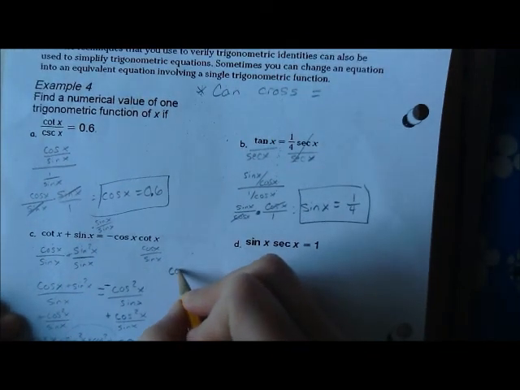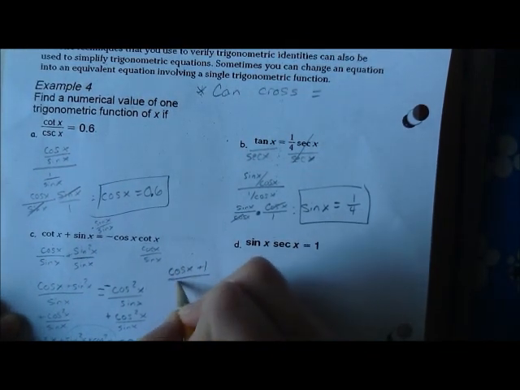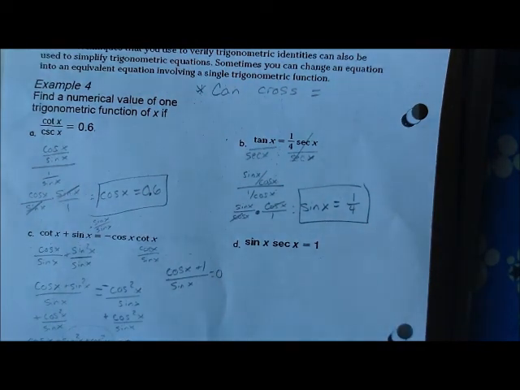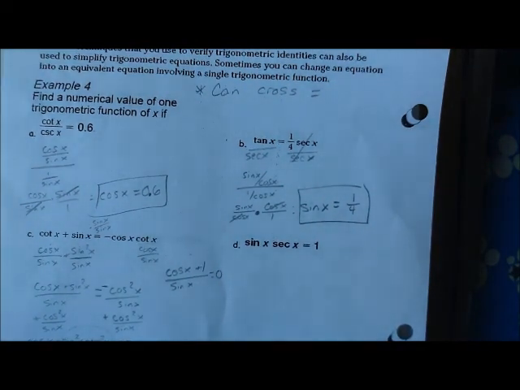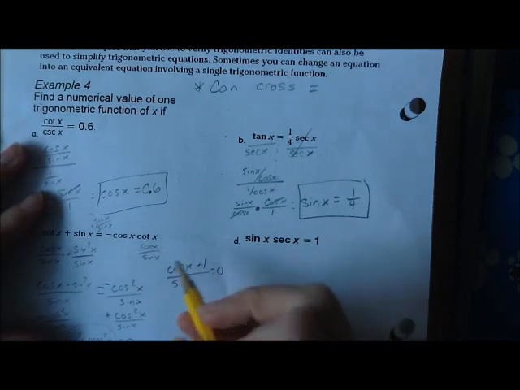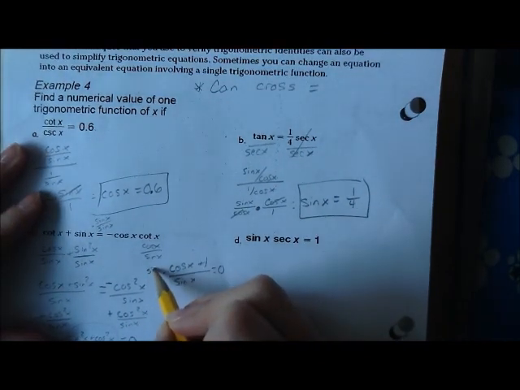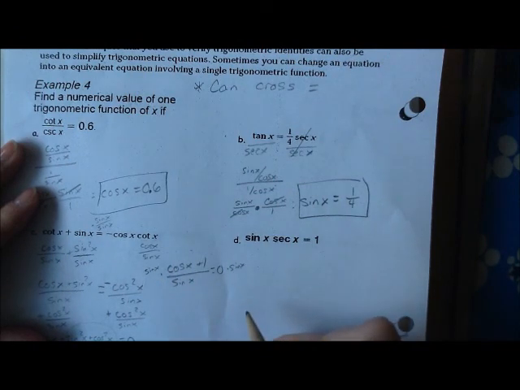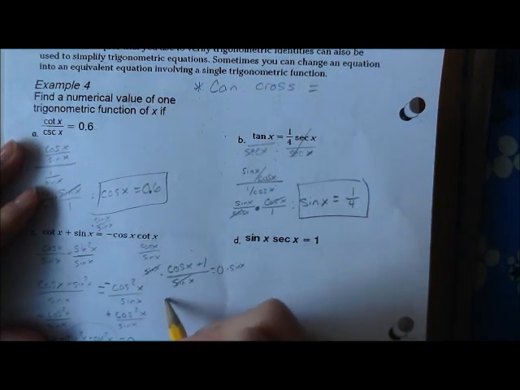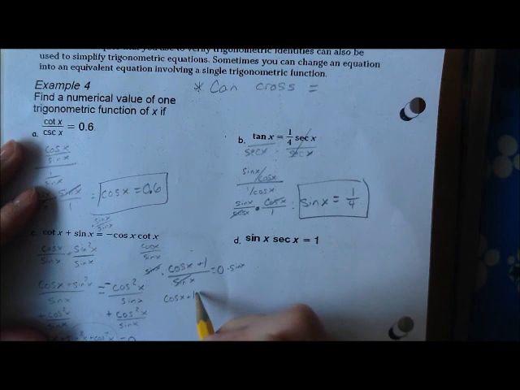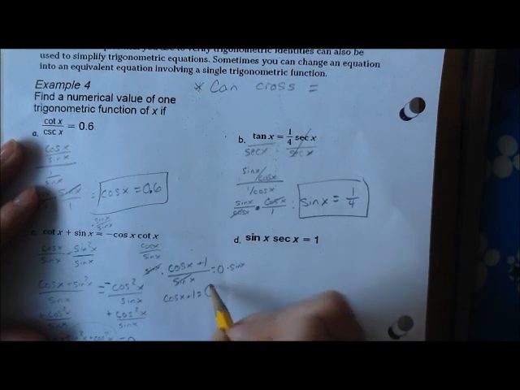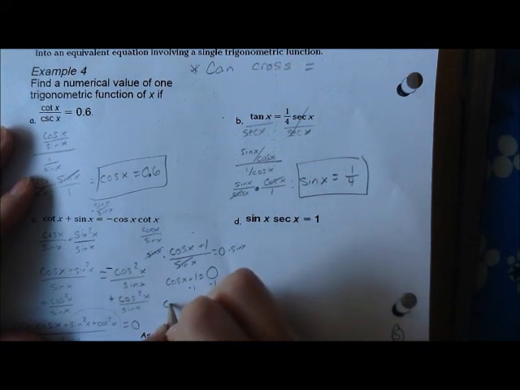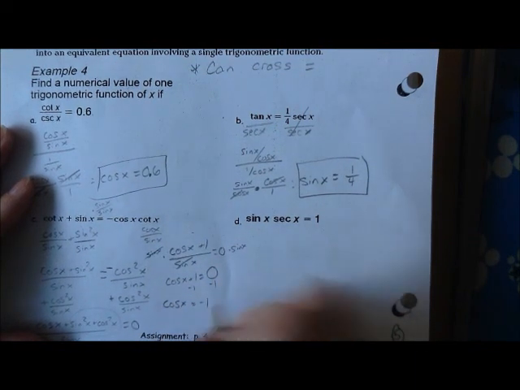So now I've got cosine of x plus 1 over sine of x equals 0. This stumped me for a little while before I remembered I can go across the equal sign. So what I'm going to do, I don't want to have a variable in the denominator. I'm going to multiply both sides by sine x. This gives me cosine x plus 1 equals, well, 0 times sine x is still 0. It doesn't matter what x is. And finally, cosine of x is negative 1.